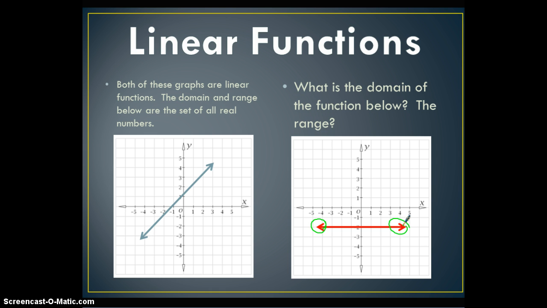So we know our domain is all real numbers. We can plug in anything that we want. However, we'll see because the line is on y equals -2, we're always going to get an output of -2. Therefore, our range, or our y values, our outputs, is always going to be -2.